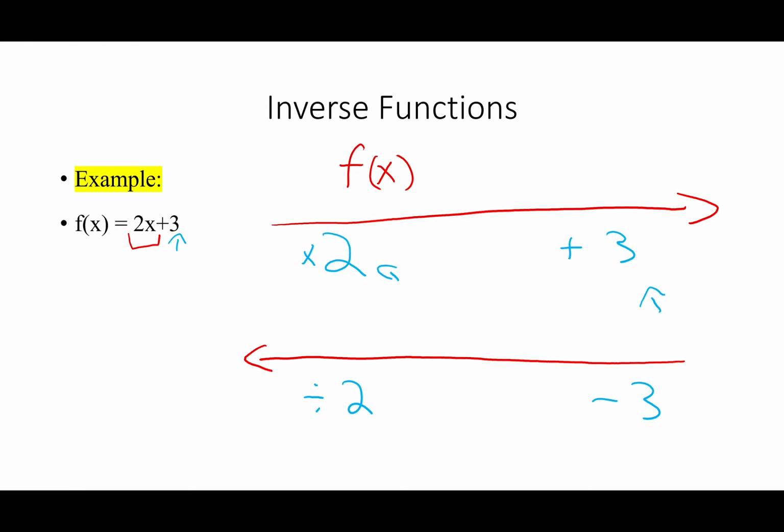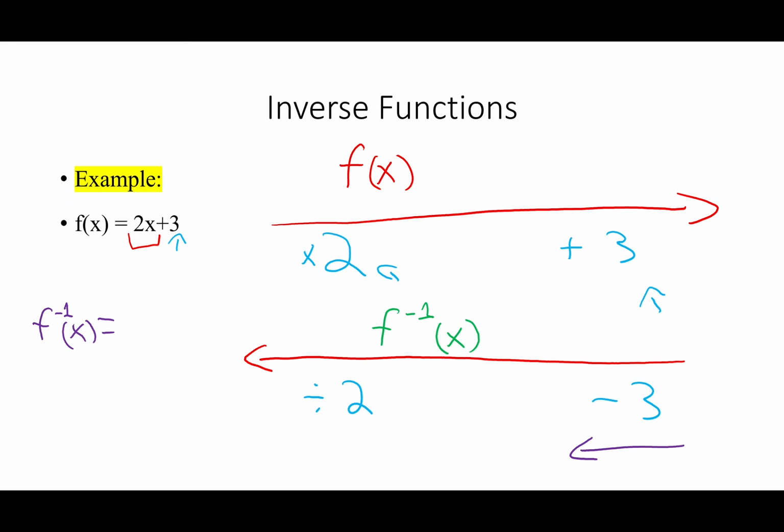Another thing is, how do we write the notation for the inverse function? We have our inverse function of x. It looks visually like f to the negative 1 of x, but we say it as the inverse function of x. Now let me write an equation for the inverse function: f to the negative 1 of x equals, and we want to go this direction.